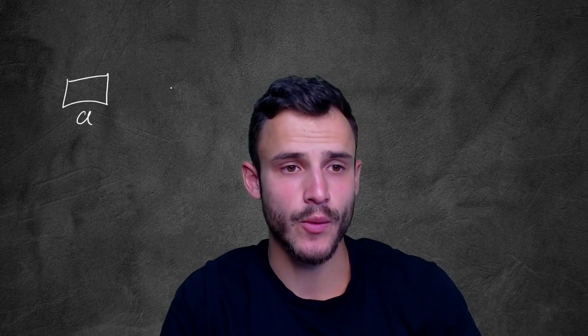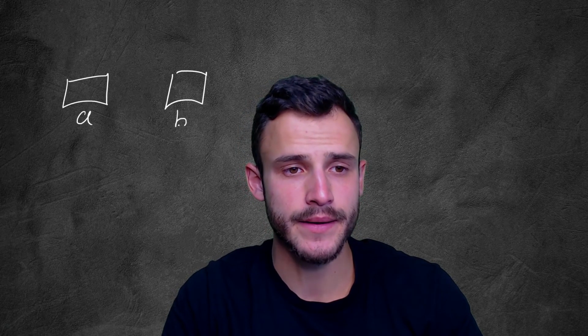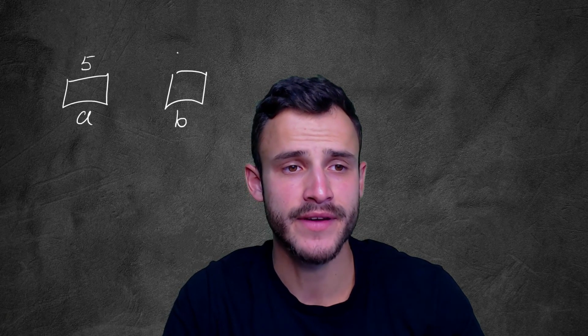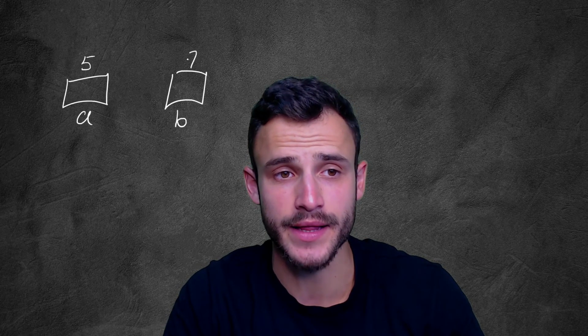And in this video I'm going to talk about the basic swap operation, where we are going to take one variable and another variable and simply swap their values. For example, let's say we have variable a and variable b, where a has the value of 5 and b has the value of 7.